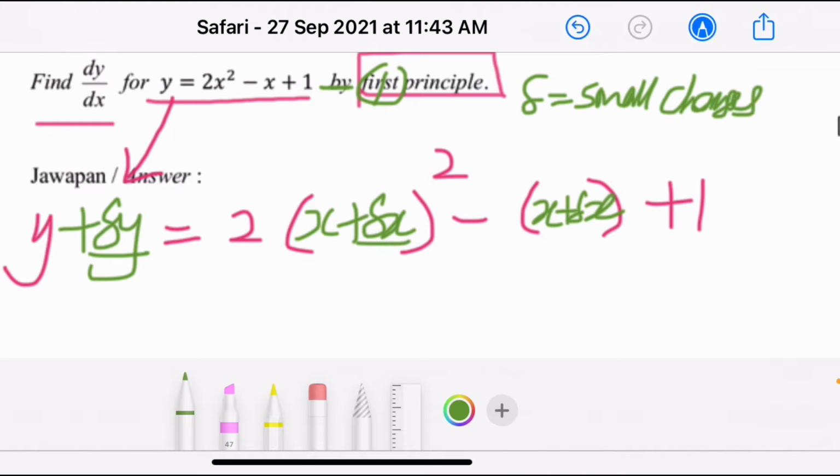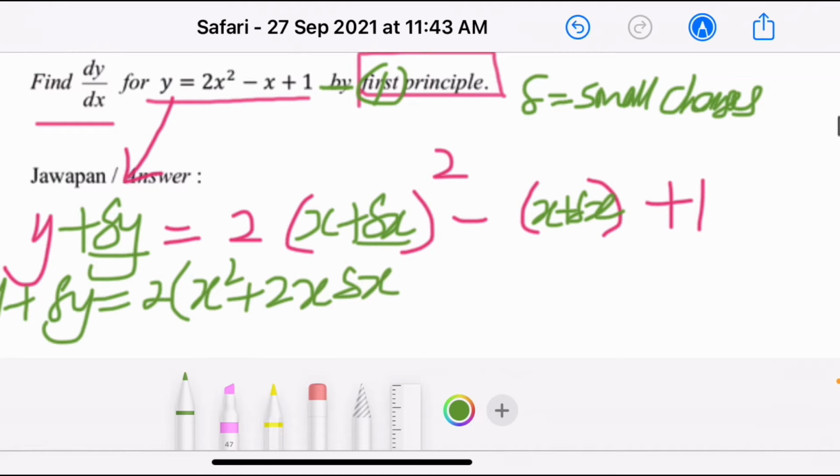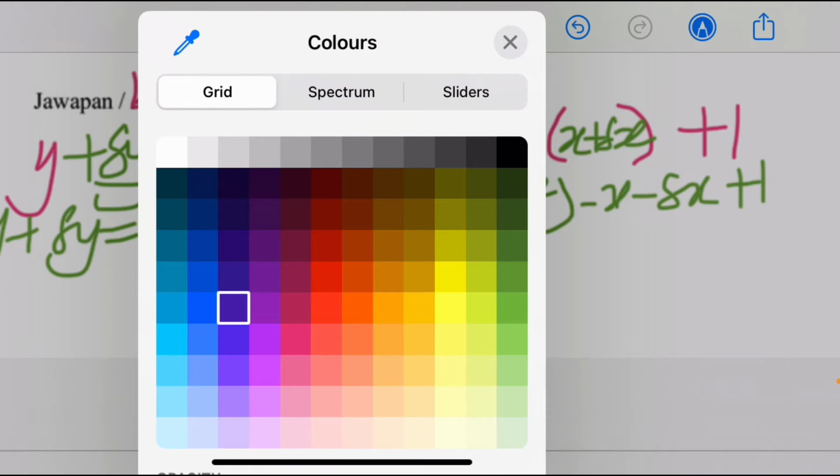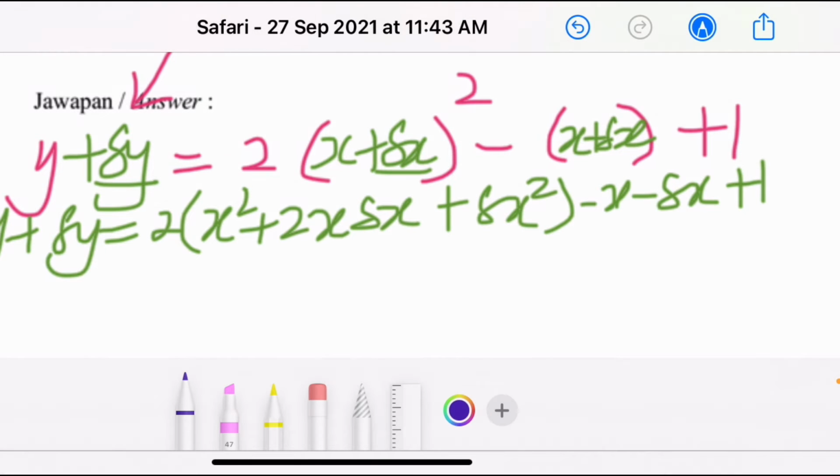Now let's simplify. y plus delta y is equal to 2x squared plus 2x delta x plus delta x squared minus x minus delta x plus 1. Now bear in mind that delta x is one term.